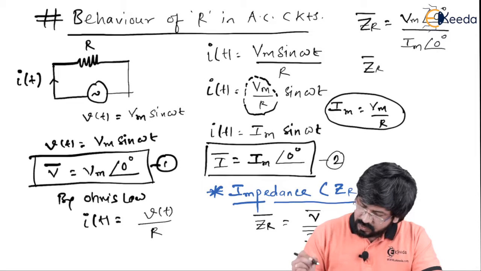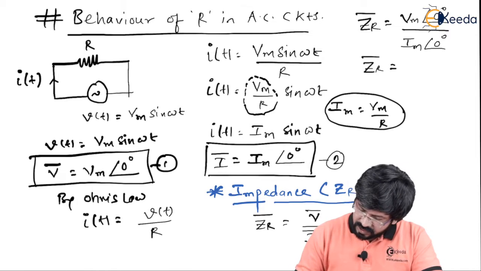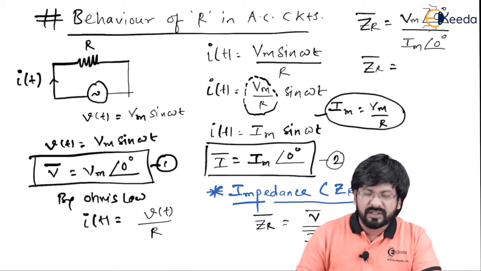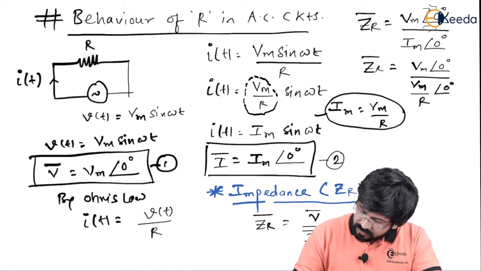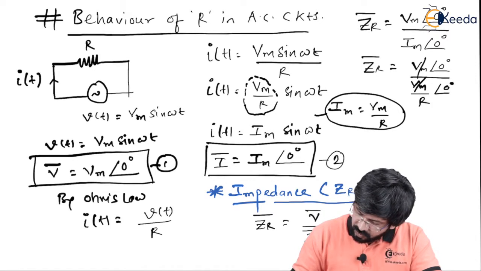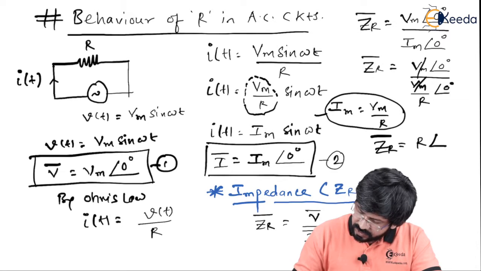We know the fact that Im value was Vm upon R, so now we can replace it: Vm at an angle of 0 degree divided by Vm upon R at an angle of 0 degree. Vm will get cancelled. What is ZR vector? ZR vector is simply R at an angle of 0 degree ohms.